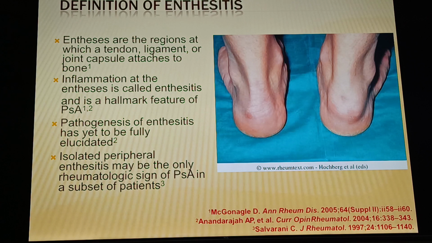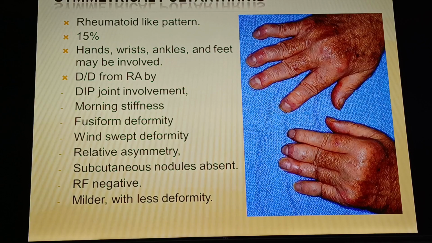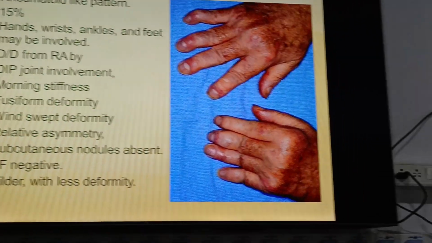What is the pattern here? In psoriatic arthritis, it is a symmetrical polyarthritis like your rheumatoid arthritis or lupus, etc. It is a rheumatoid-like pattern in 15% of the cases, whereas asymmetrical oligoarthritis occurs in 70% of the cases. Psoriatic arthritis, asymmetrical oligoarthritis 75%.